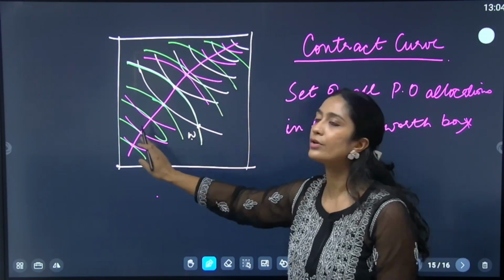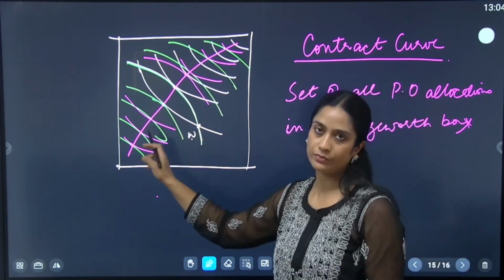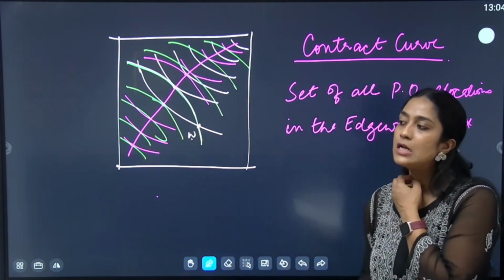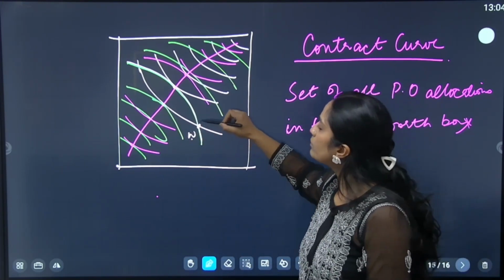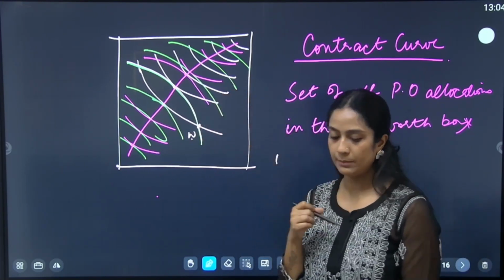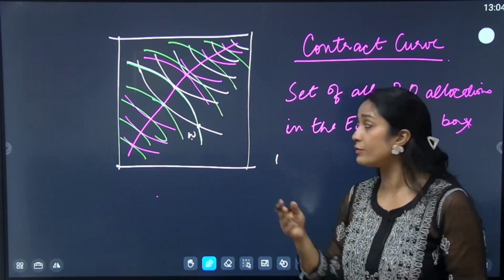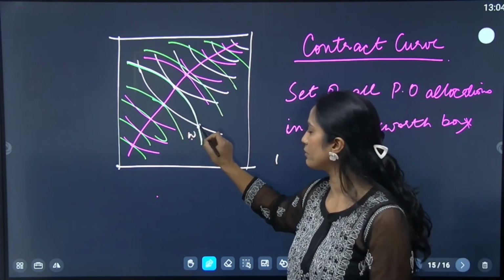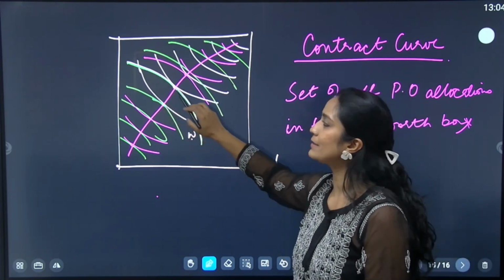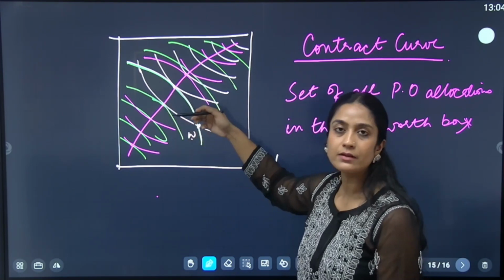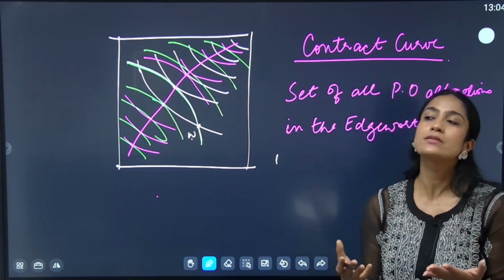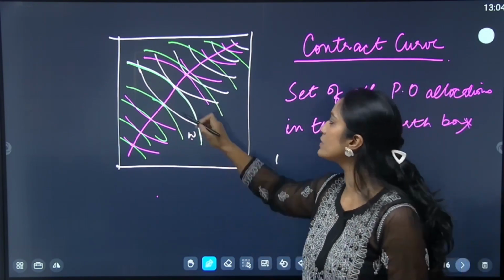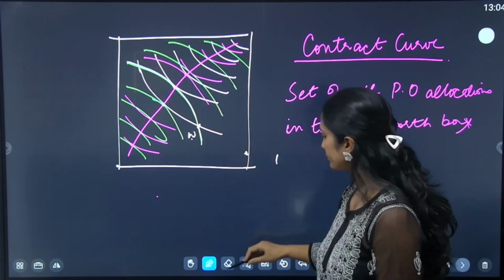Because if you move here, this will not be a Pareto move. You will make someone worse off, right? So all the moves that are possible from here will be inside this lens only. And within the lens, the only points that are Pareto optimal allocations are on this line, है ना?